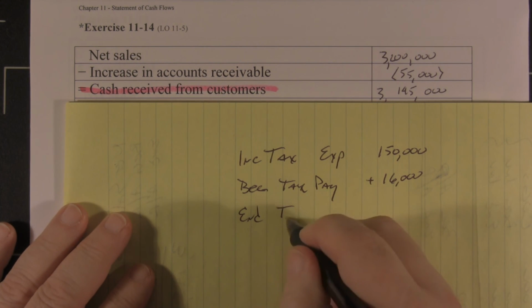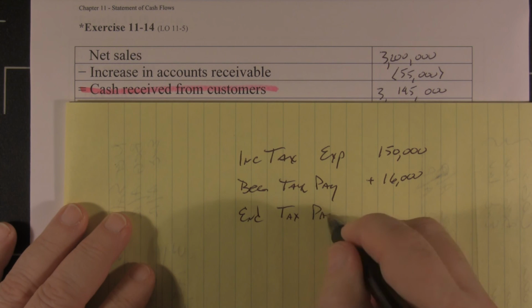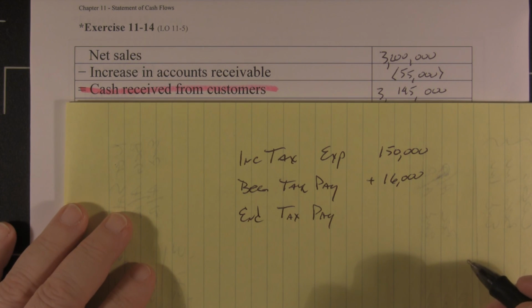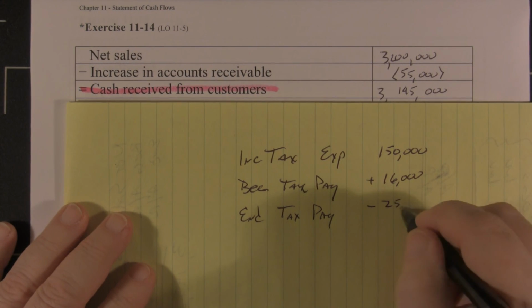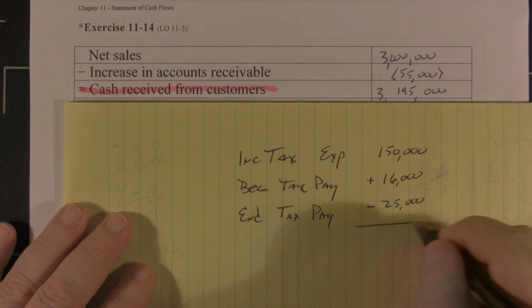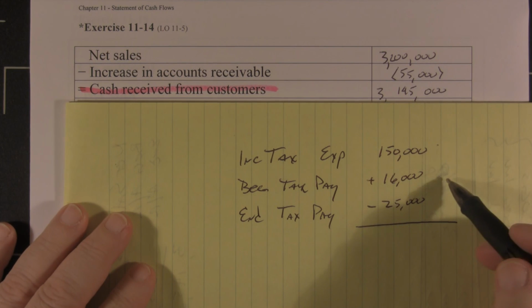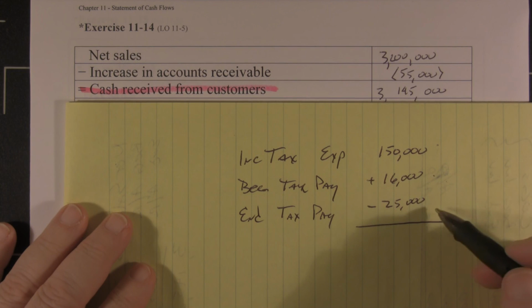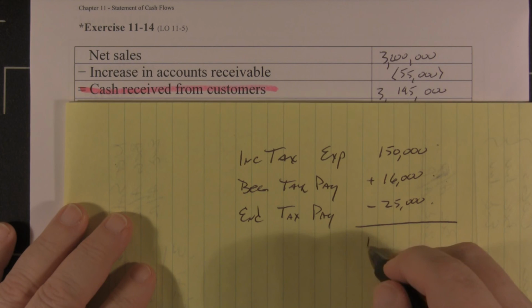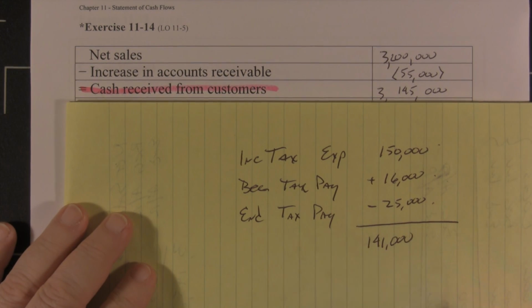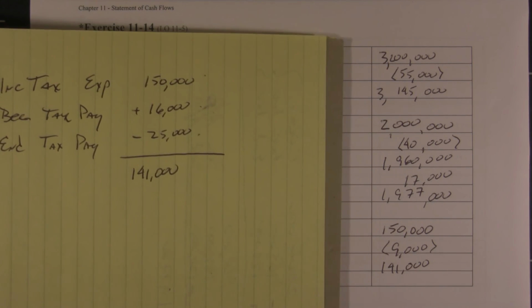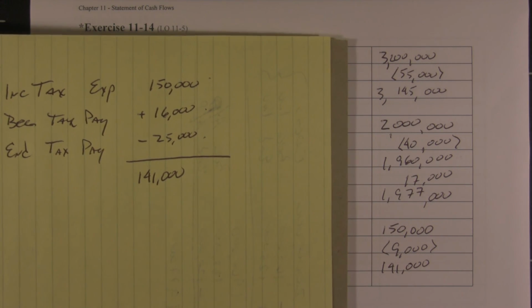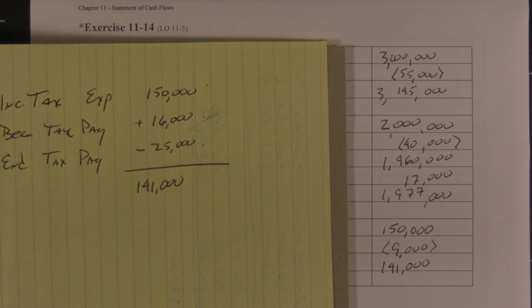That would be the very definition of tax payable. What we did not pay, and we did not pay 25. So we take our tax expense, increase it by beginning tax payable, decrease it by ending tax payable, and we paid $141,000 for income tax. It's the same method. It's the same exact number. It's just a little easier way to think about it, in my opinion.